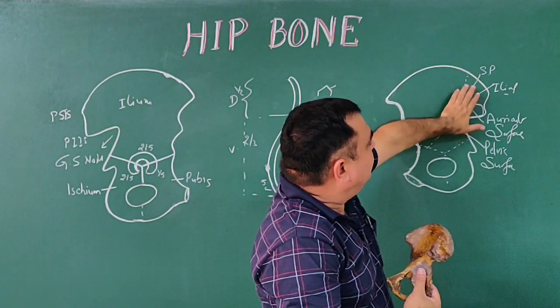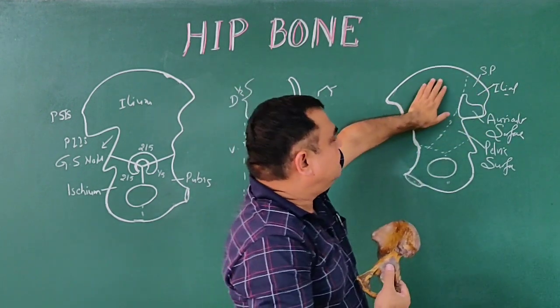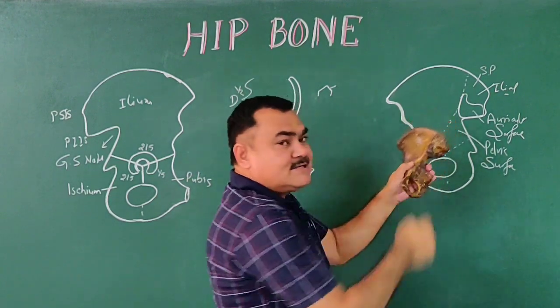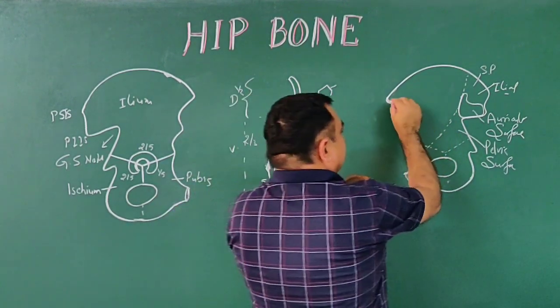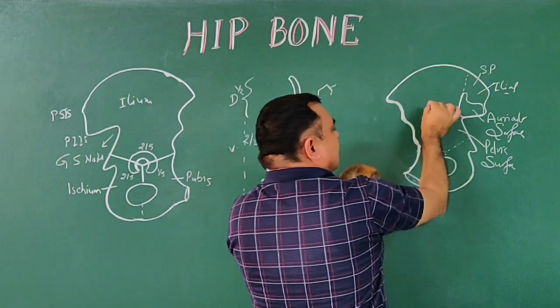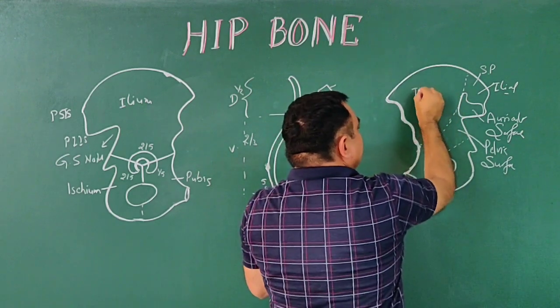So the sacropelvic surface is divided into three parts. This side is the iliac surface or iliac fossa, between the anterior and medial border. This concave fossa is the iliac fossa.